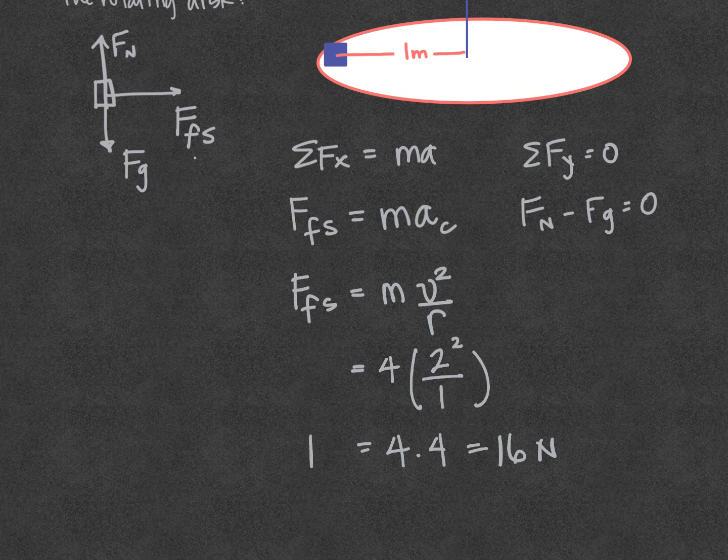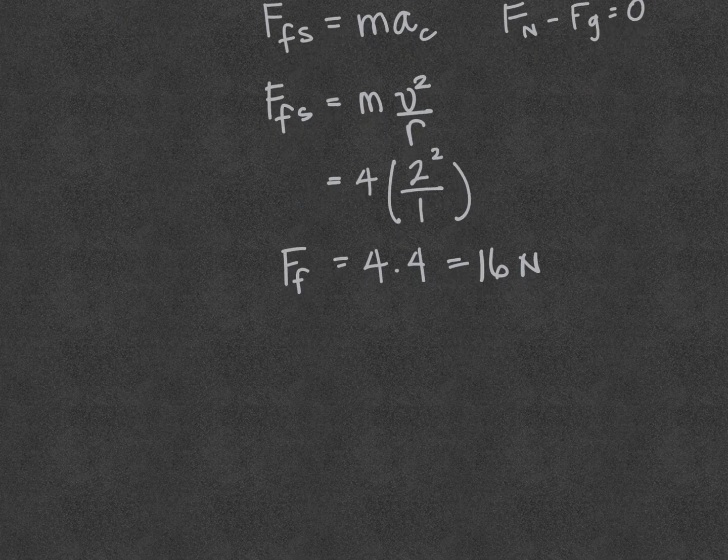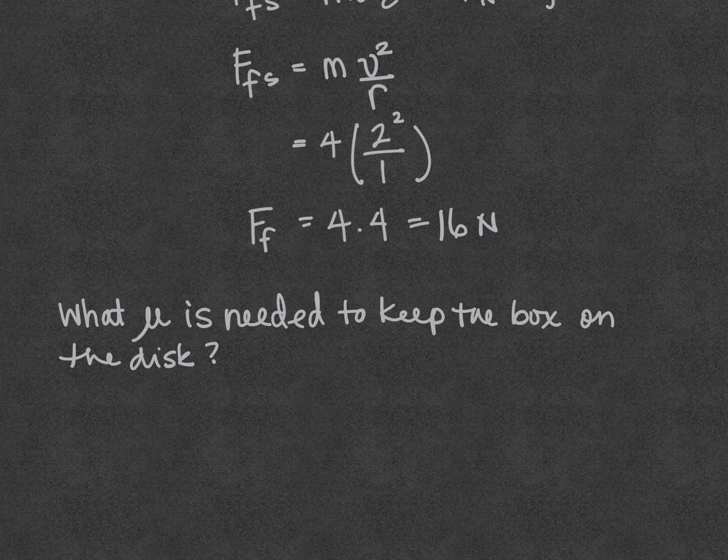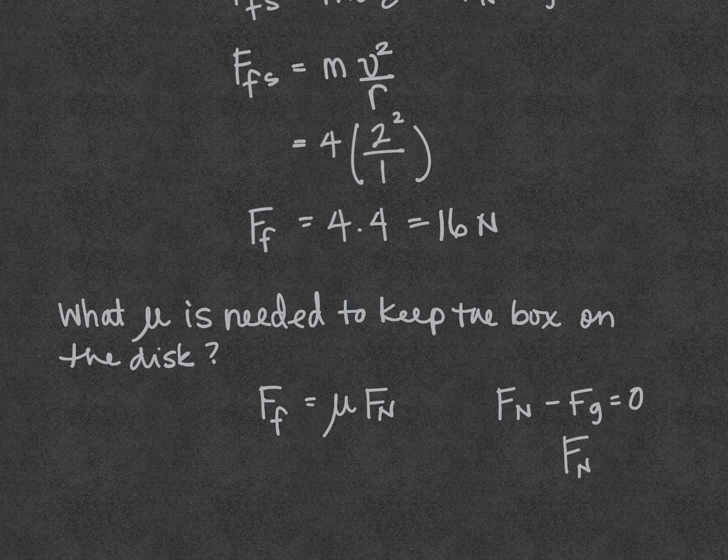Now, the next question that could be answered is, what coefficient of friction is needed? So now remember that the force of friction is mu times force normal. And earlier when we were summing our forces, we had a normal force up, the weight force down, and that was equal to 0, which means that the normal force will be equal to the weight.